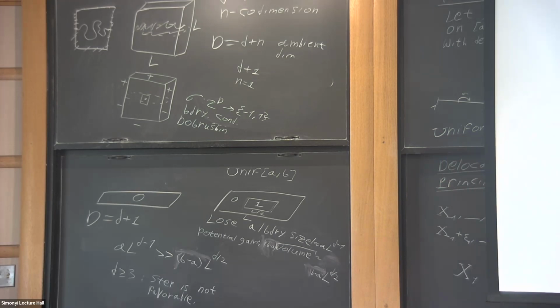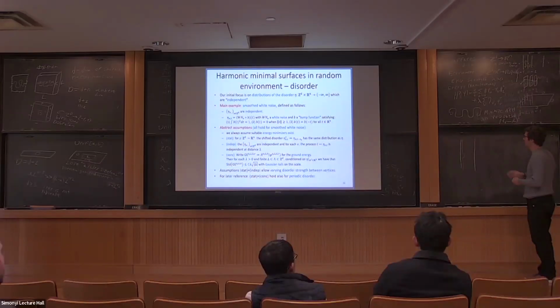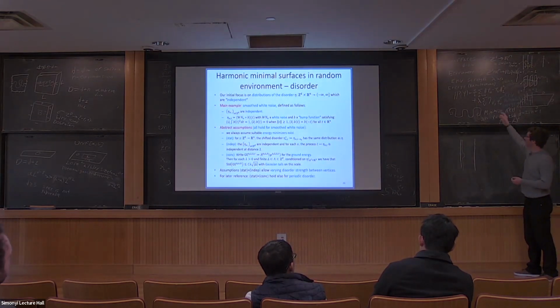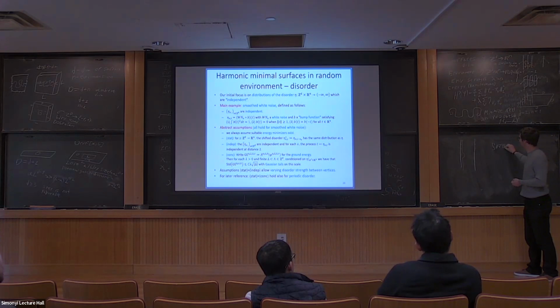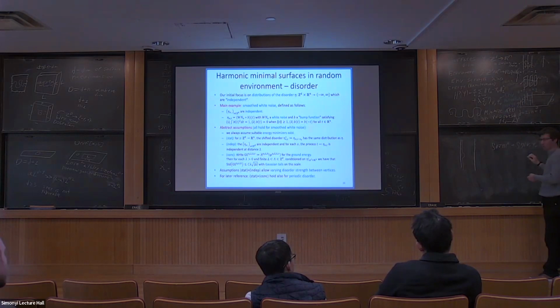No, you can definitely do that if you have a smooth disorder. So you can definitely also consider an energy, which is the integral of the norm of the gradient of phi squared, and add to that the integral of the environment at the locations where phi goes, say x here, and this could still make sense if you do it this way.